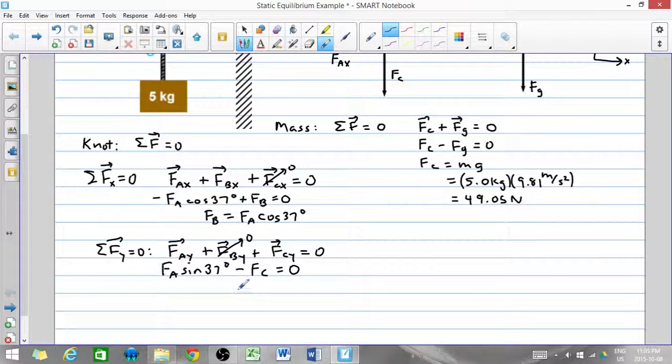And now we're making progress because we know FC. We've solved for that from the free body diagram for the mass. So let's substitute in that value.